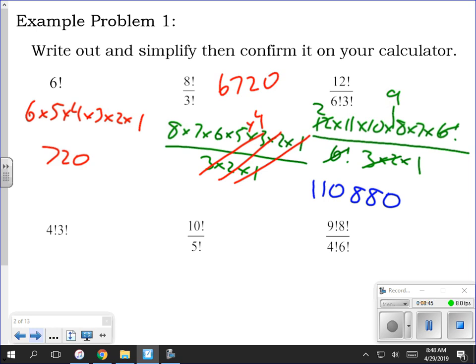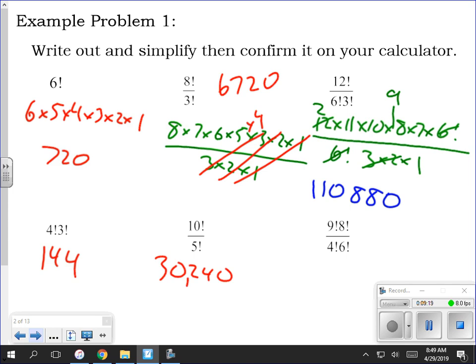So like I said, let your calculator do the heavy lifting for you. Okay, you want to have your calculator do the heavy lifting for you. So 4 factorial times 3 factorial, 144. And then 10 factorial divided by 5 factorial. 30240.